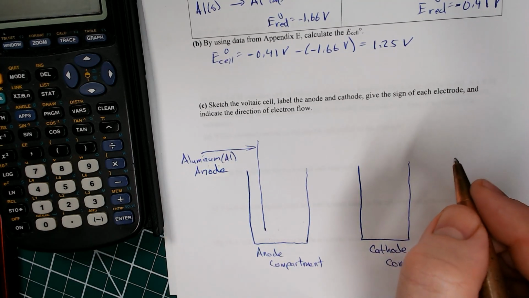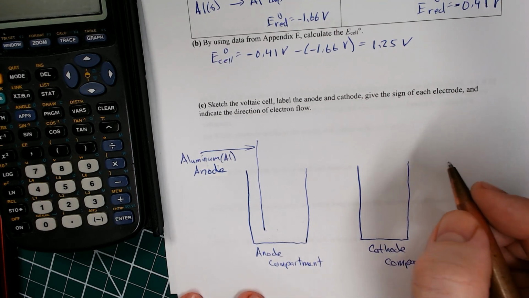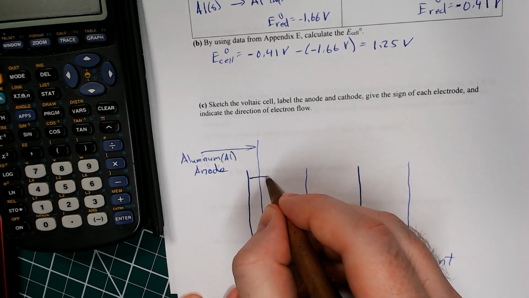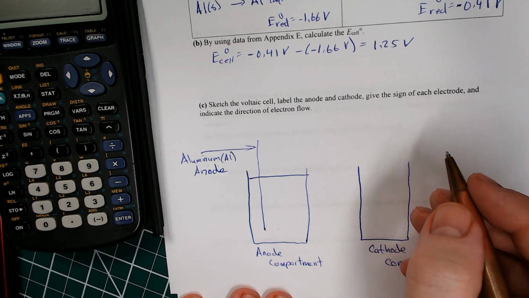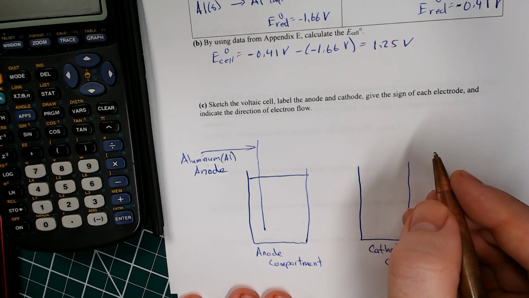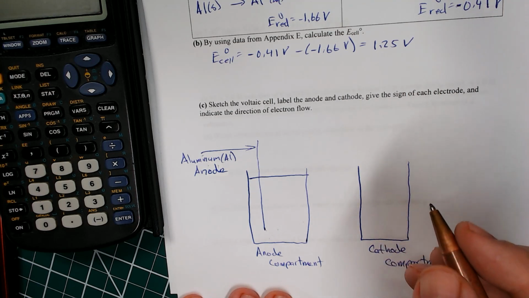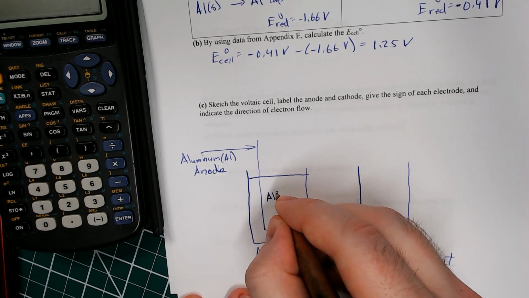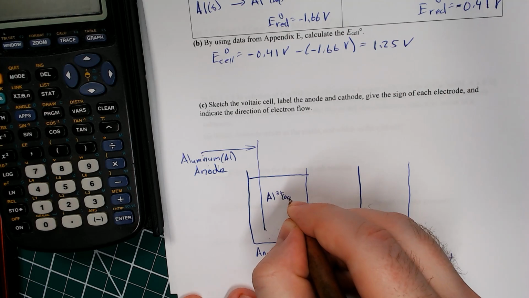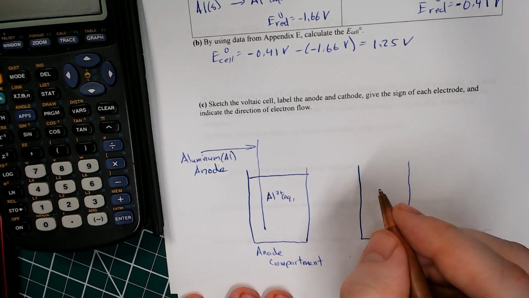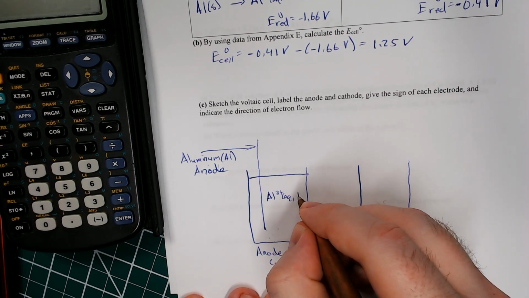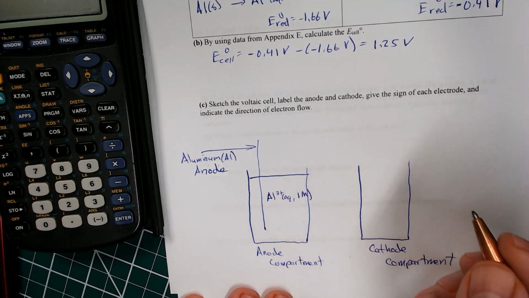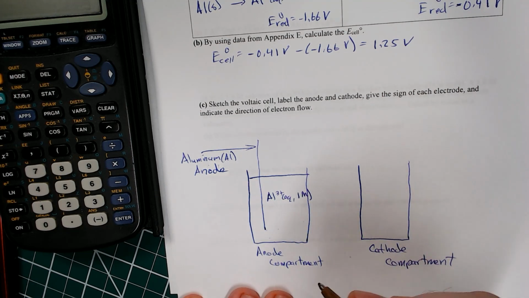So that is our aluminum anode, and that solution, so there's a liquid there, and that solution is going to contain aluminum ion. So it will have aluminum 3+ ion. The concentration of that aluminum ion is going to be 1 molar, and that's because it is at standard conditions.